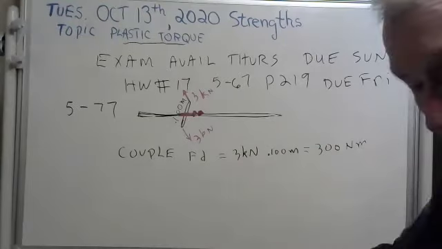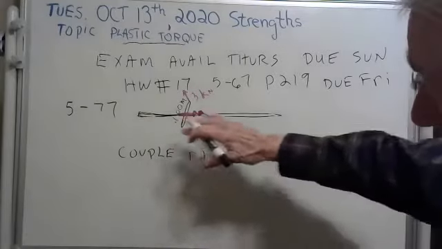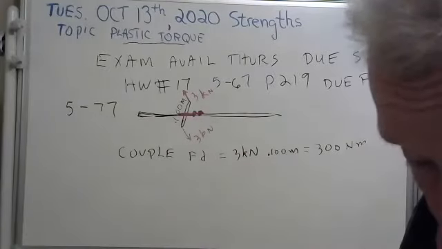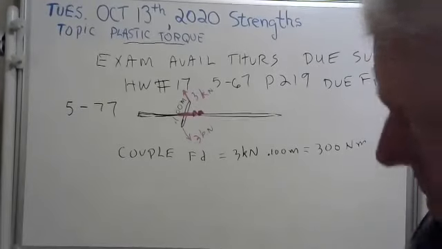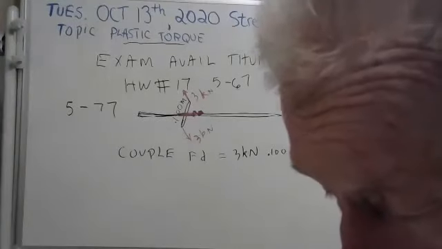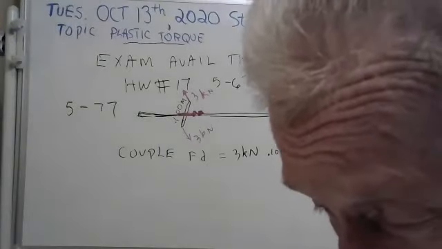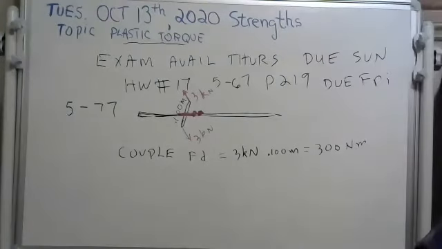Well, I didn't understand that a bit, but never mind. You do understand that it's going to the right. You understand that, right? Yeah, I forgot I was supposed to be looking at the resultants, not the external forces.